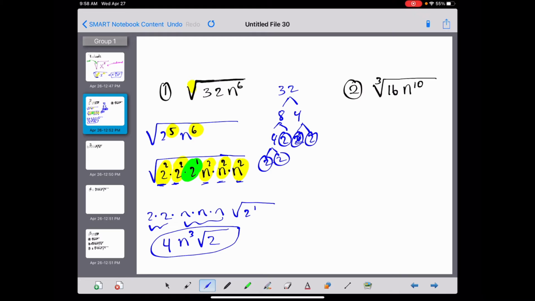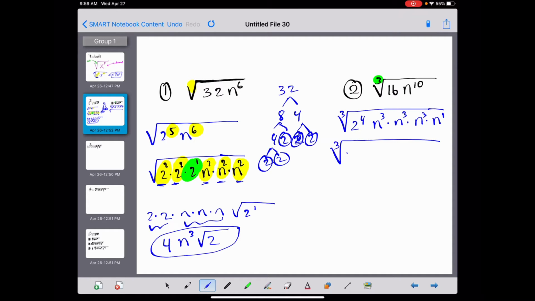Same thing with number 2, except we're working with a third root. So keep in mind, we have to break everything in terms of 3rd powers. If you break 16 down all the way in terms of 2's, you have 2 to the 4th power. And then n is going to be n cubed, n cubed, n cubed, and n to the 1st.